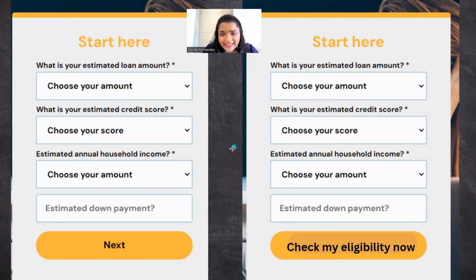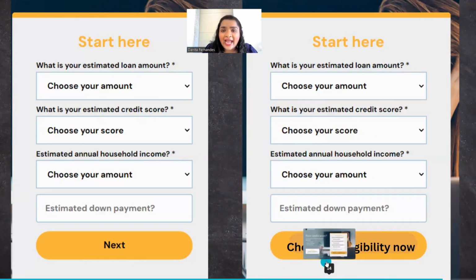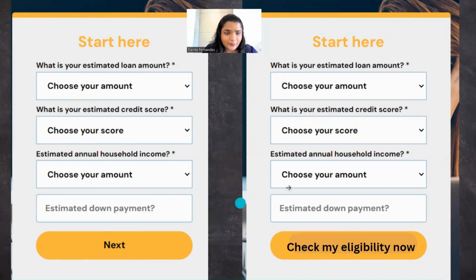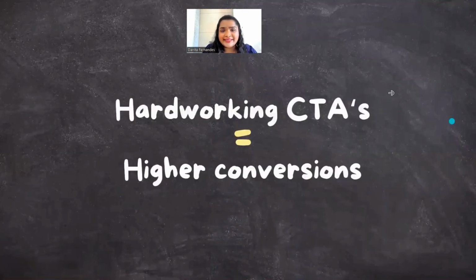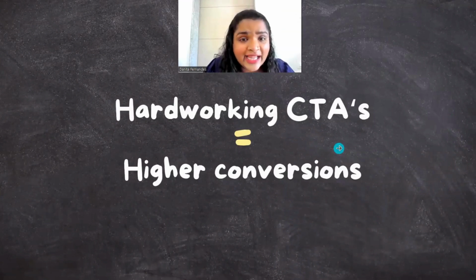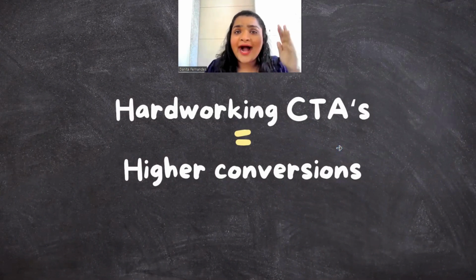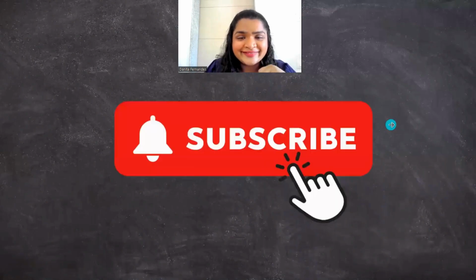In an A/B split test, they found CTAs like this have higher conversions. So next time you write a CTA, remember that a hardworking CTA means higher conversions.